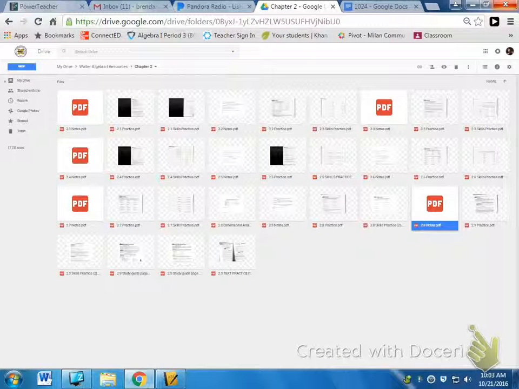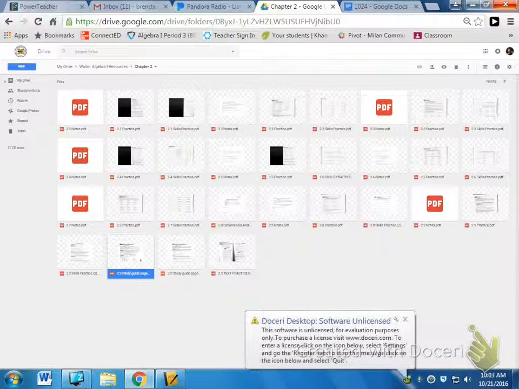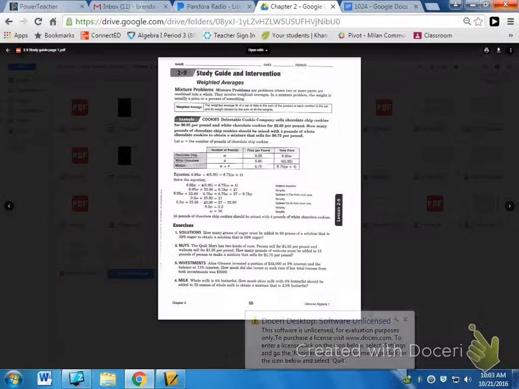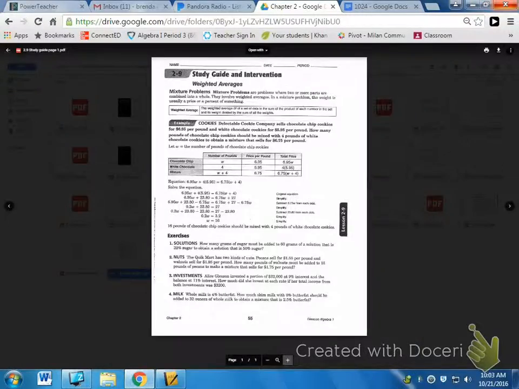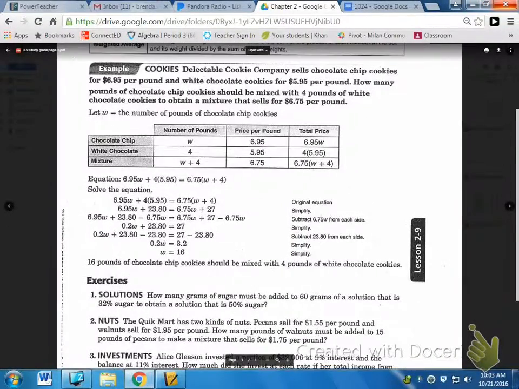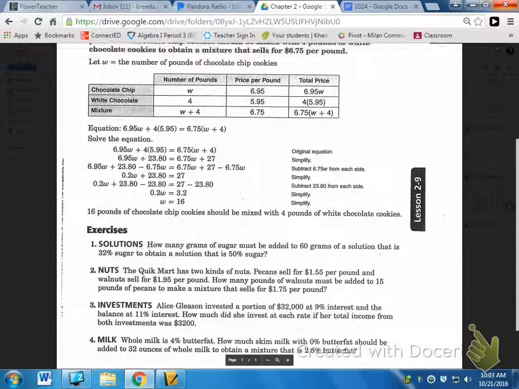So I am going to pull it up and read it so that we see what the problem is. Number 1 says: how many grams of sugar must be added to 60 grams of a solution that is 32% sugar to obtain a solution that's 50% sugar?